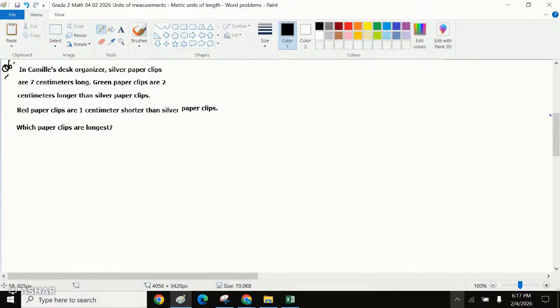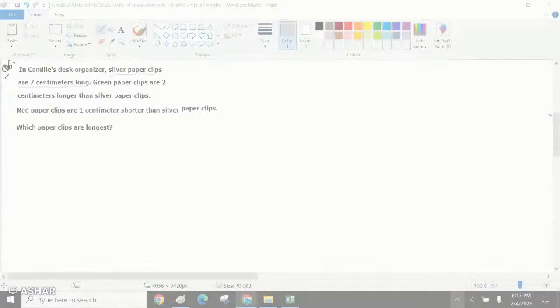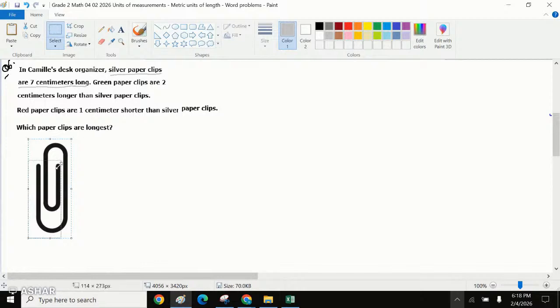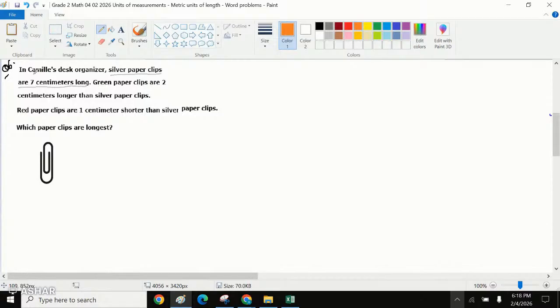In Cam's desk organizer, silver paper clips are 7 centimeters long. Let's use a paper clip as an example. So silver were 7 centimeters long, right?